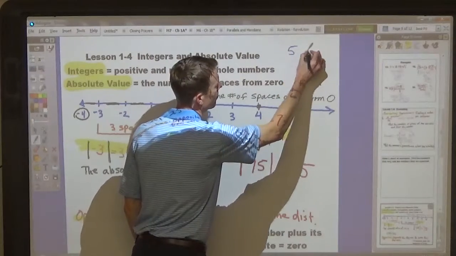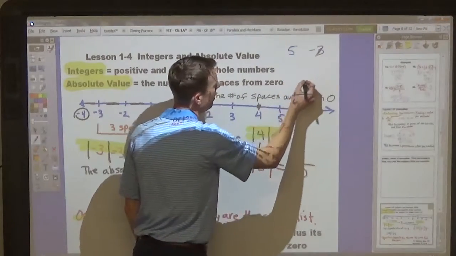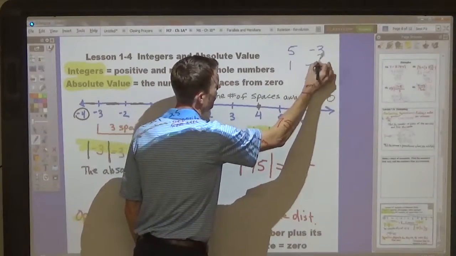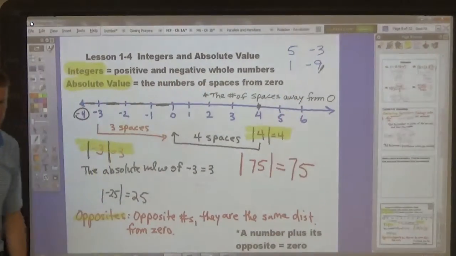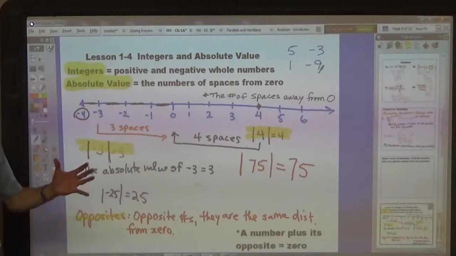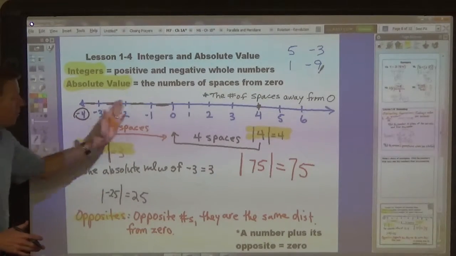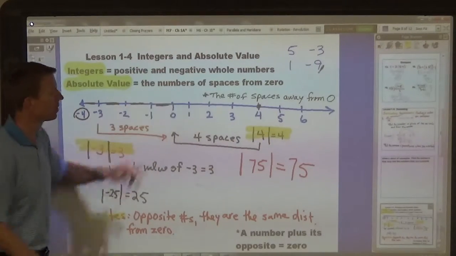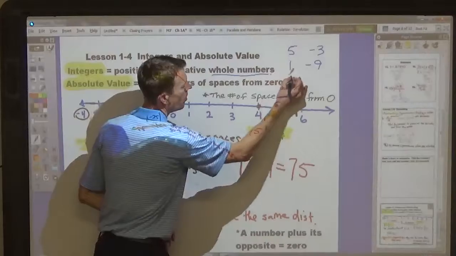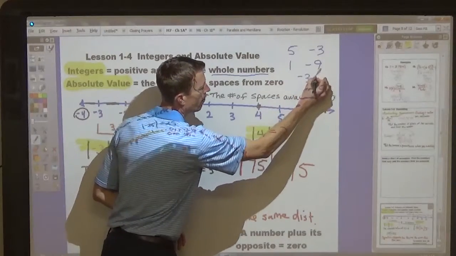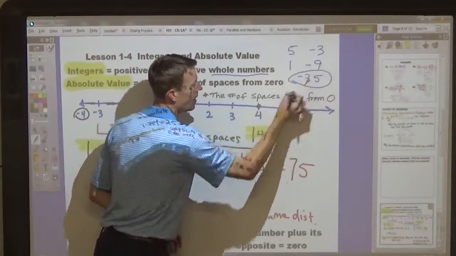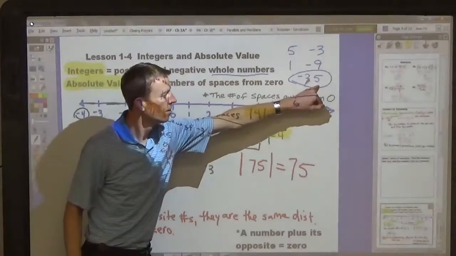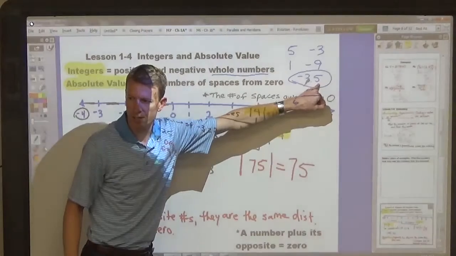5, -3, 1, -9, and so on, to infinity on both sides of 0 on a number line. But it's only whole numbers. So -3.5 is not an integer because it is a part of a whole number.